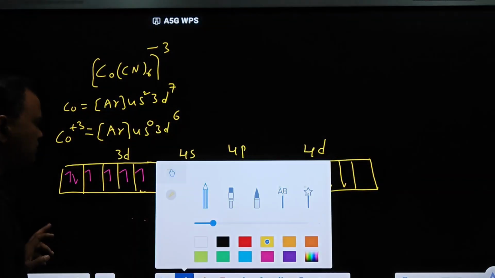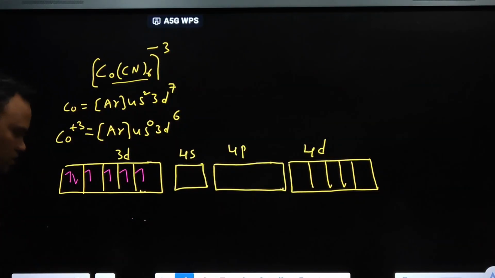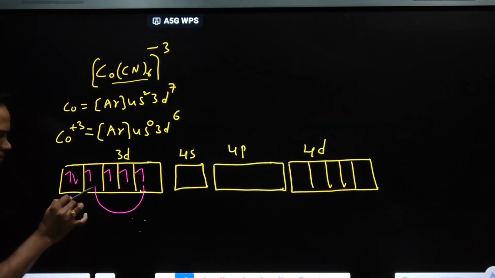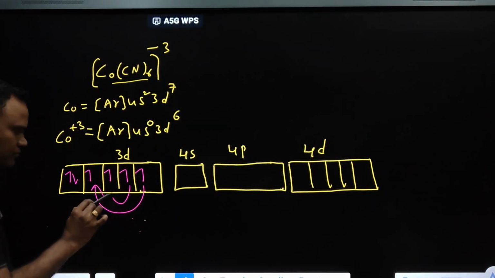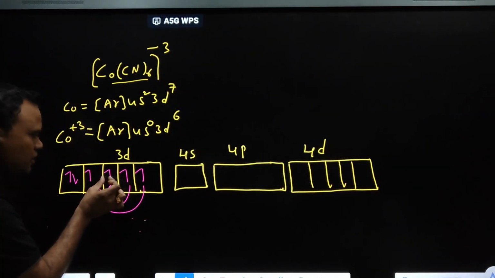Listen carefully. Cyanide is which field ligand? Strong field or weak field? Strong field ligand. So pairing takes place. This electron entered into this. This electron entered into this.